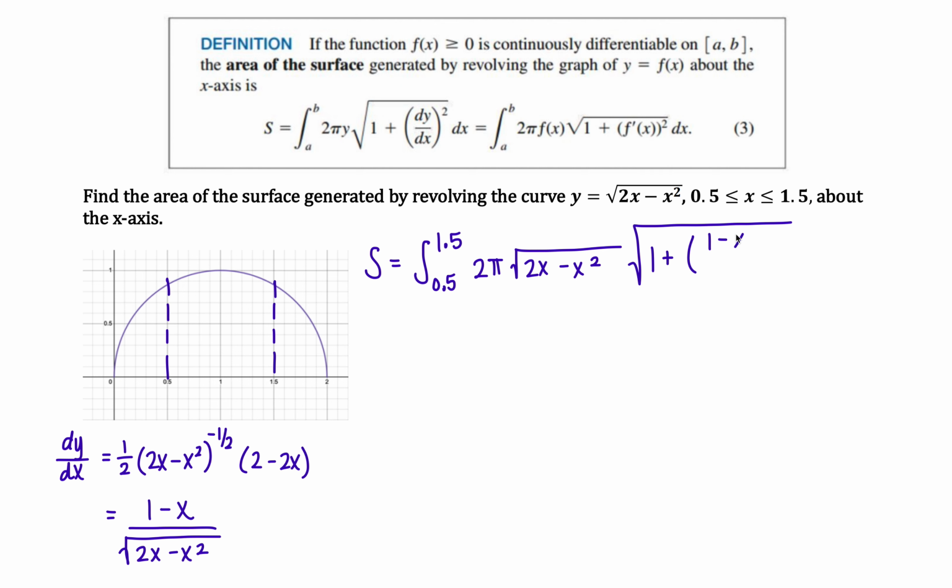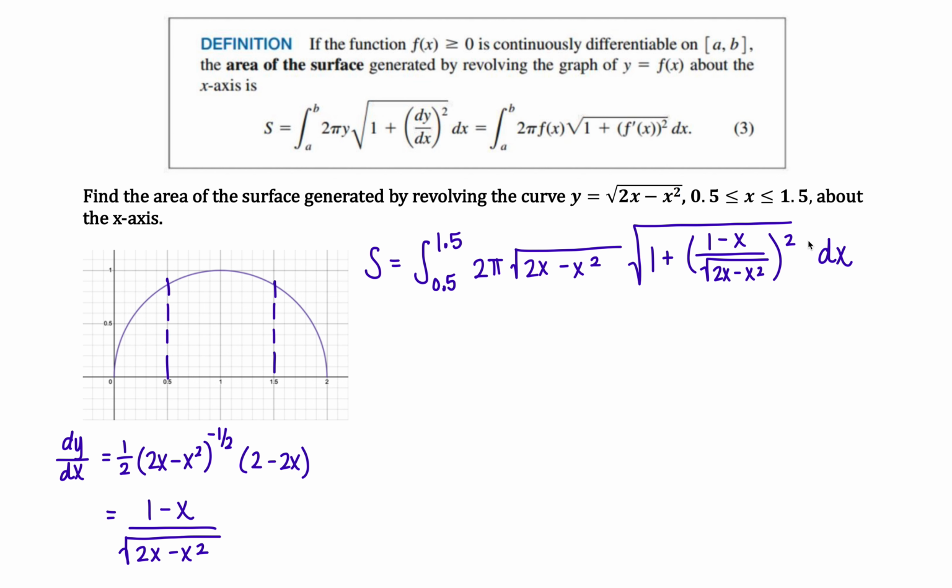So we have 1 minus x over the square root of 2x minus x squared, whole thing squared dx. Now this one starts out looking like a bit of a hot mess, but bear with me for a minute because a lot of things are going to cancel out. The 2 pi, if you want to, you can bring it in front of your integral. I might just leave mine be, but it's not going to impact anything one way or the other right now.